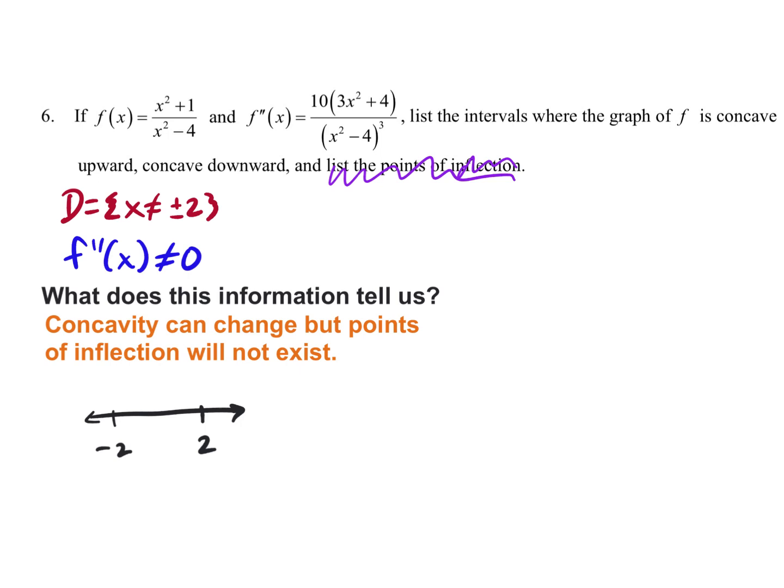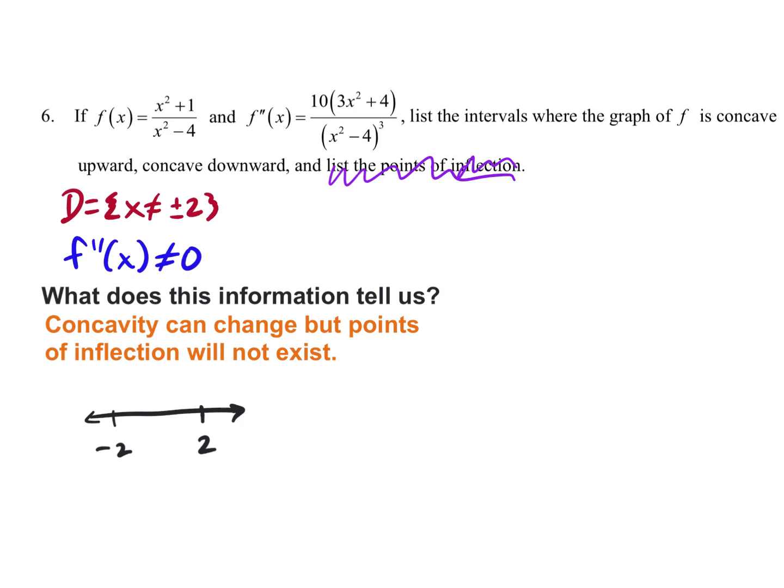We already established the top is always going to be positive. So it's the bottom that you have to worry about. If the bottom ends up being negative, then we're going to put a negative sign here.